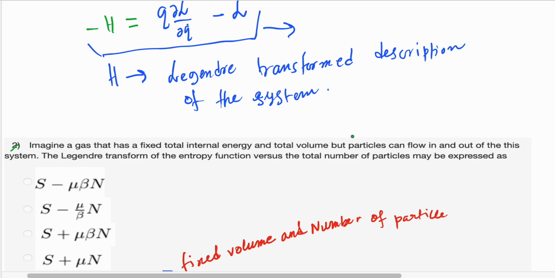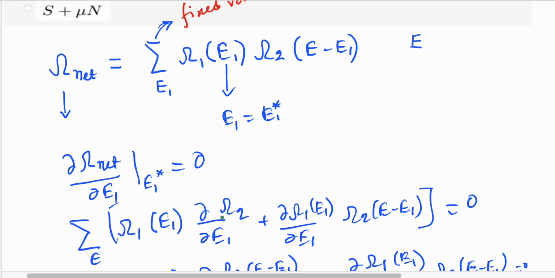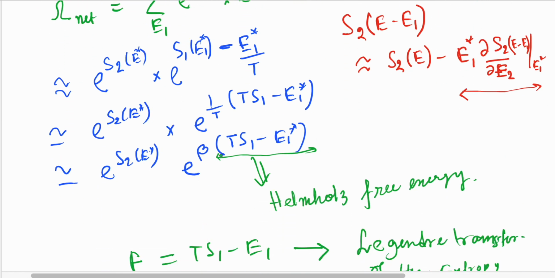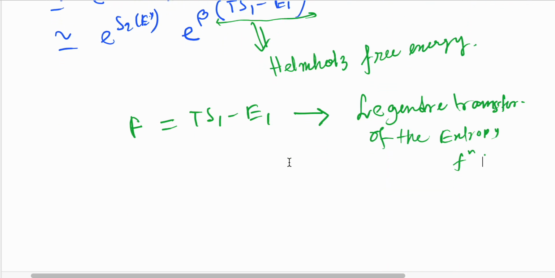So total internal energy and volume do not change, but what is changing here is the total number of particles. So if we follow these steps, we will reach the Legendre transform description of this entropy when the system is allowed to exchange particles.